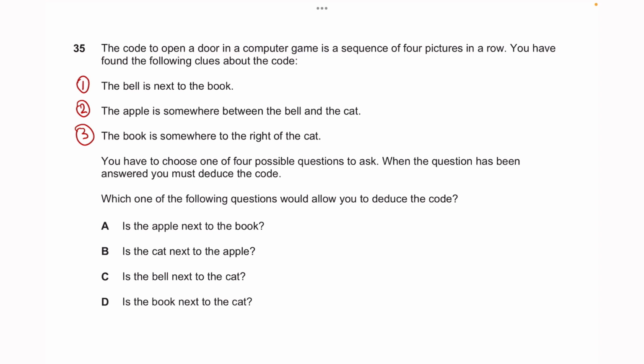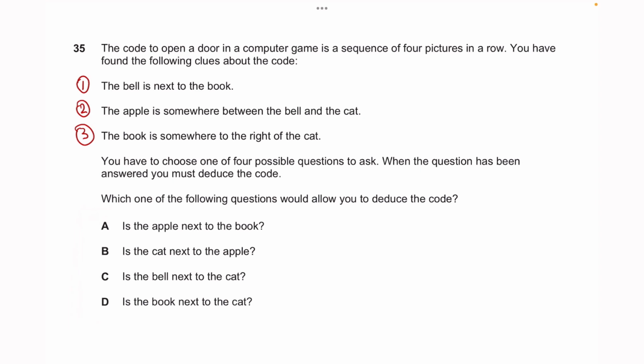But the thing is, we have 4 possibilities of questions to ask, and we need to be accurate to be able to ask one. And once we ask that one question, we are able to deduce the code. And so the main question here is this: which one of the following questions would allow you to deduce the code? Okay, so what we've got to do is work through which of these questions we need to ask.